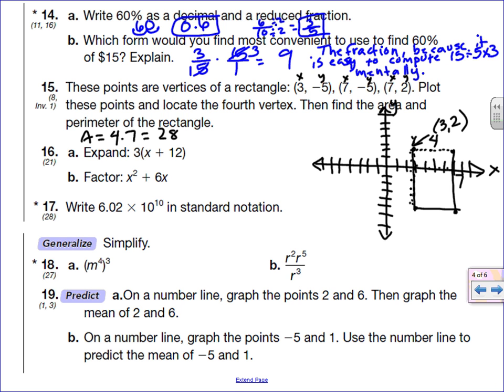And I don't know what the units are, so we just call them units, and area is always squared. And then for perimeter, I add them up. 7 plus 4 is 11, plus 7 is 18, plus 4 is 22. And then, whoops, not meters, units, since I don't know what they are.